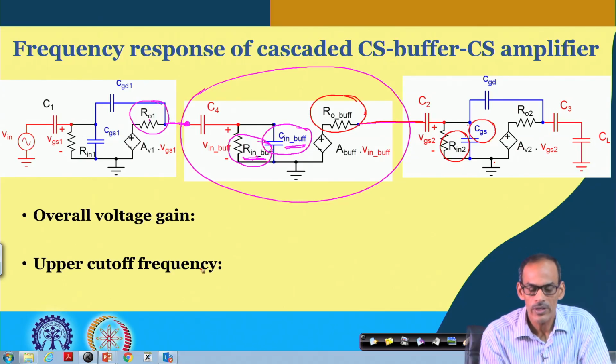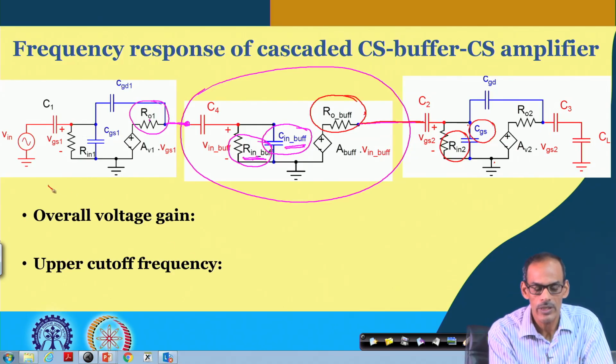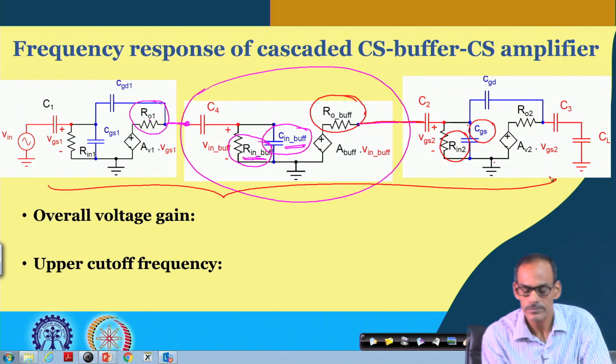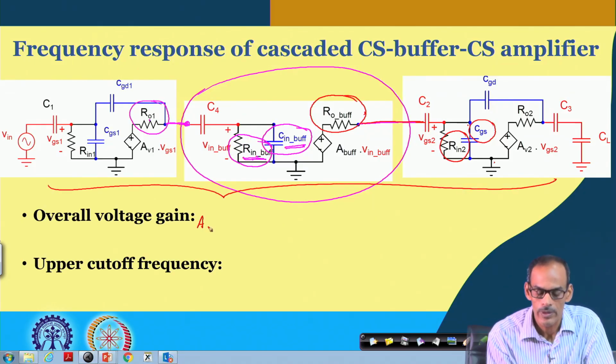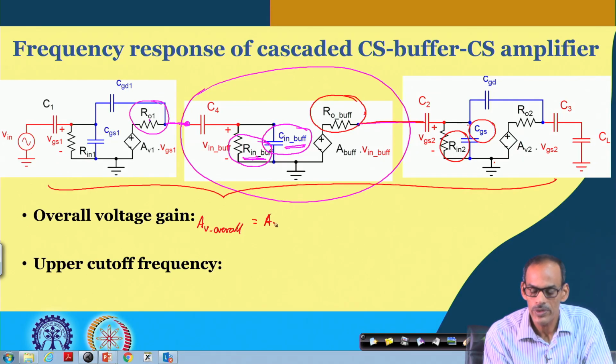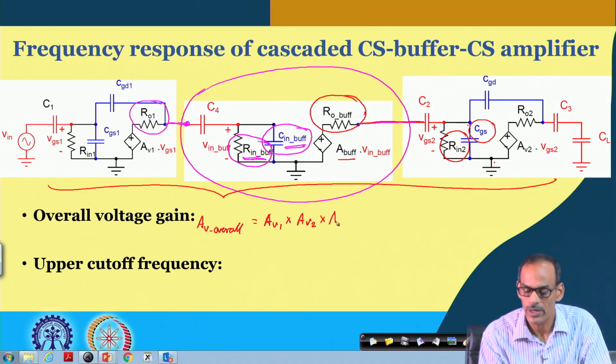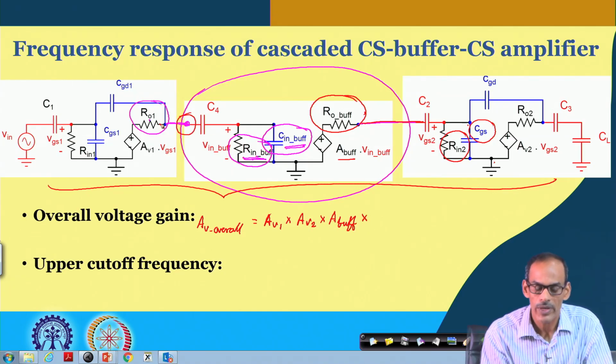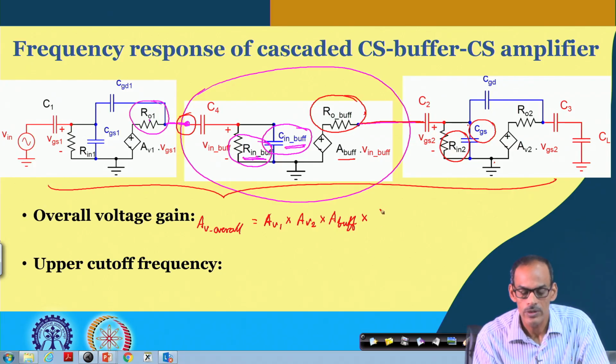So, if I write the expression of the gain of the overall circuit, A V overall, we have A V 1 multiplied by A V 2, multiplied by the buffer circuit having some gain A buffer, multiplied by the attenuation factor coming at the first cascade node.